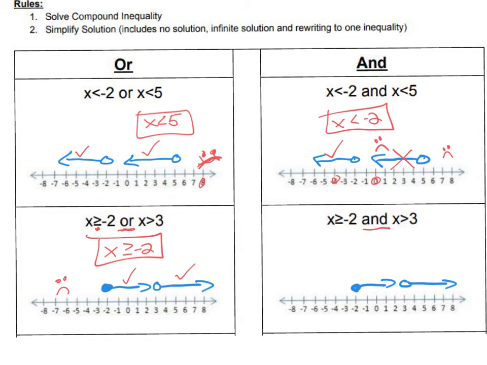Now when we look at this and symbol, we need it to be both. So over here, that's automatically nothing. No good. 8, -8, that's not going to be greater than either of those. Even when we go to 0, that's greater than -2, but is that also greater than 3?